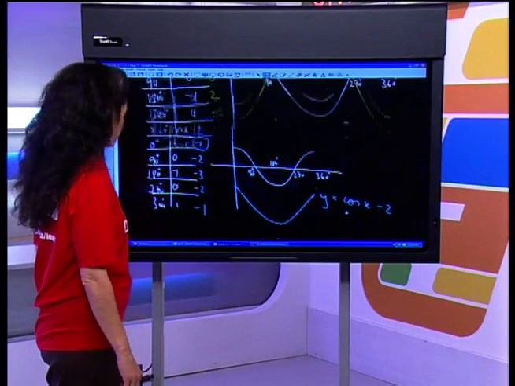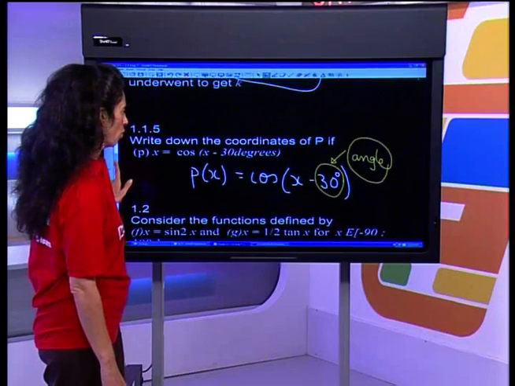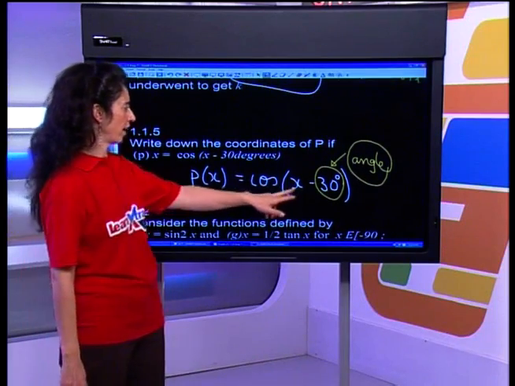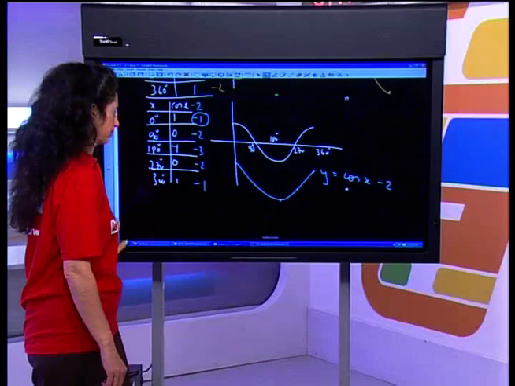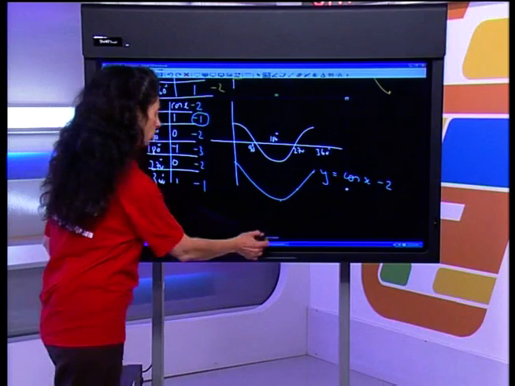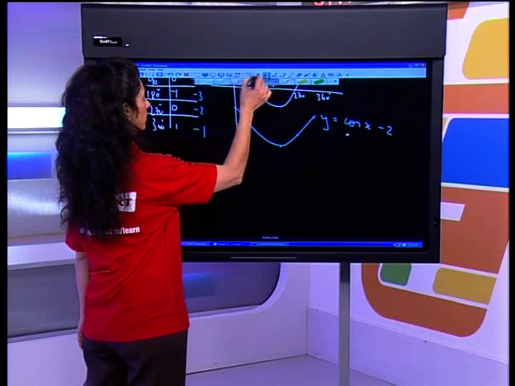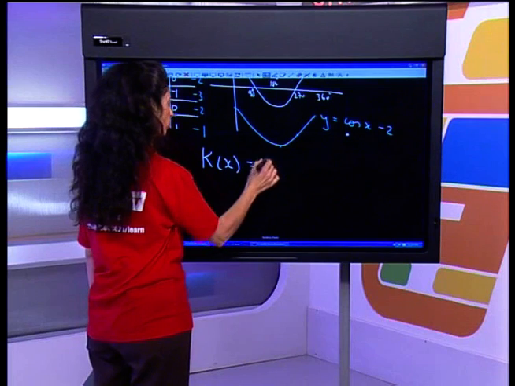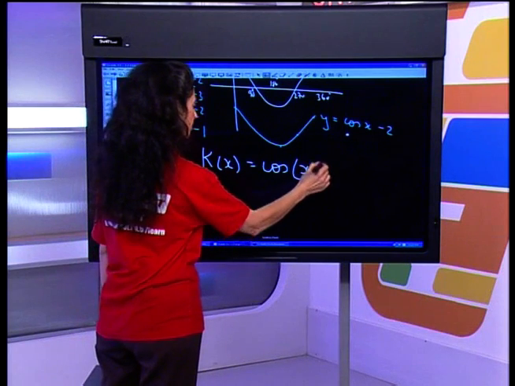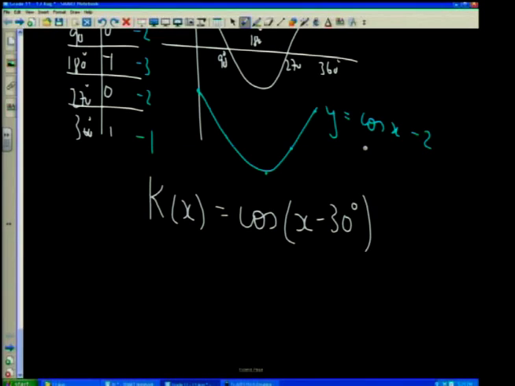Right, and then the last transformation that we were working with was the cos of x minus 30. What do you think the period of that graph is? So we had k of x equal to cos of x minus 30. What is the period?